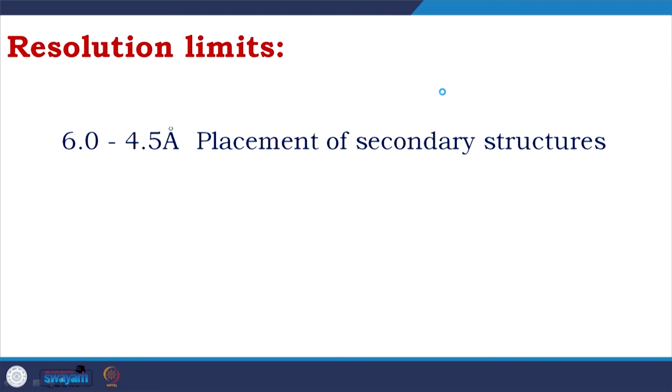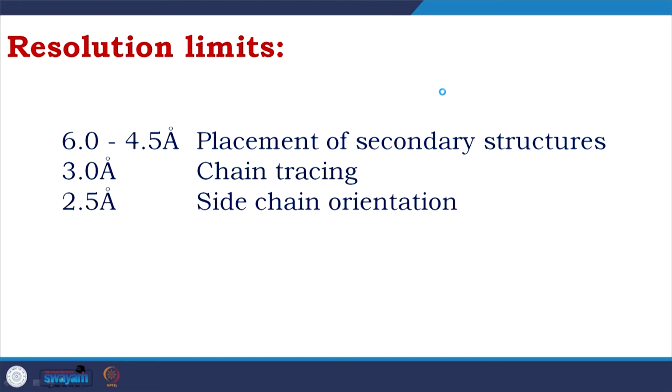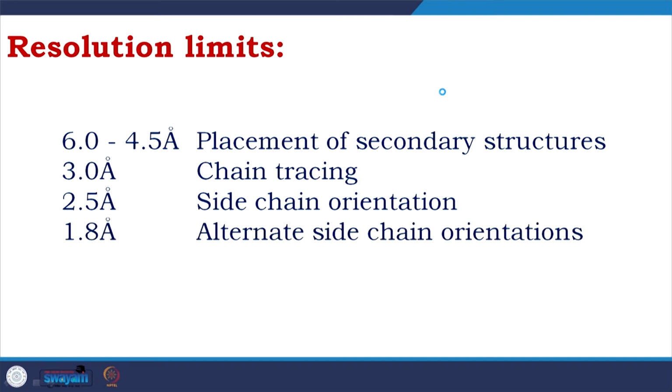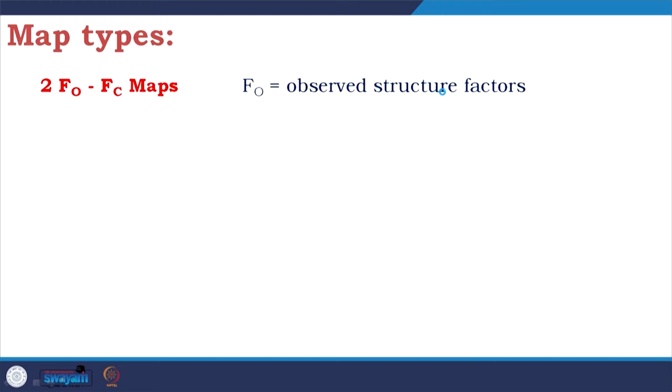Resolution limit is very important. 6 to 4.5 angstrom is placement of the secondary structures. 3 angstrom is for main chain tracing, 2.5 angstrom for side chain orientation, 1.8 angstrom for alternate side chain orientations, 1.2 angstrom for looking at the effect of hydrogen atoms.